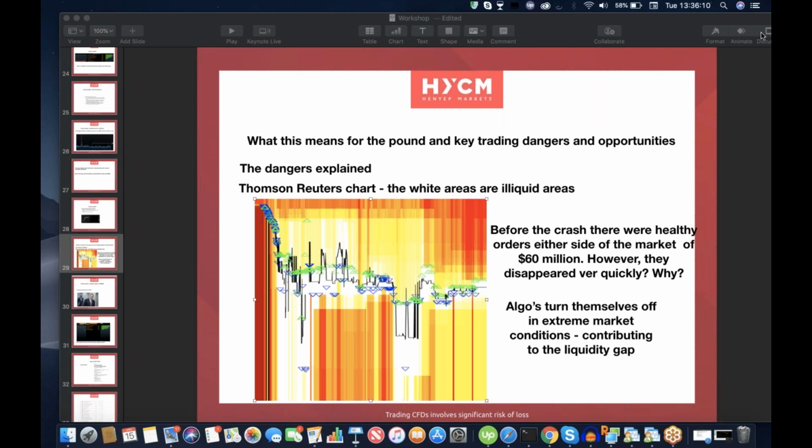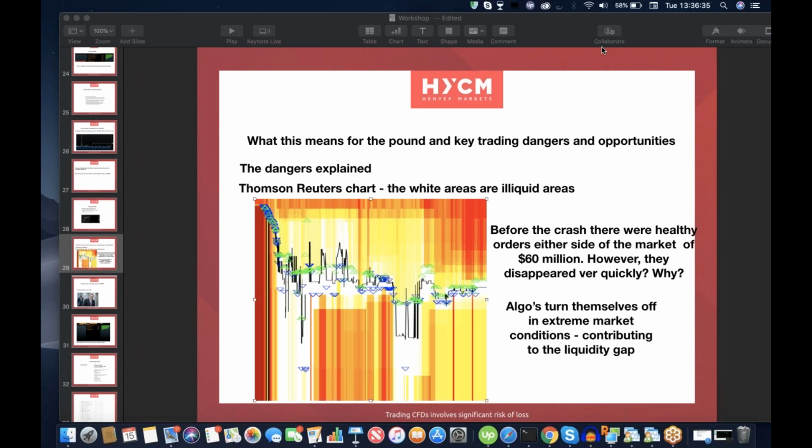And what's particularly interesting is I want to show you these white areas. These white areas are areas where there are no orders. Now, this flash crash happened in the time between the end of the US session and the start of the Asian session. So it's quite an illiquid time, and it's known for being quite illiquid.